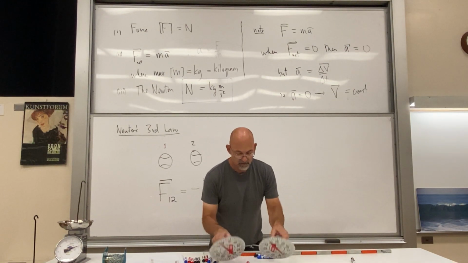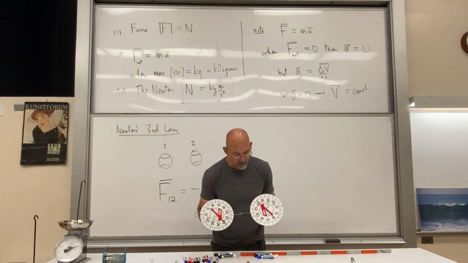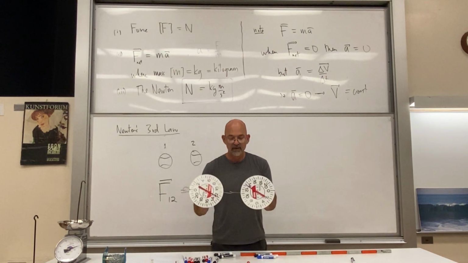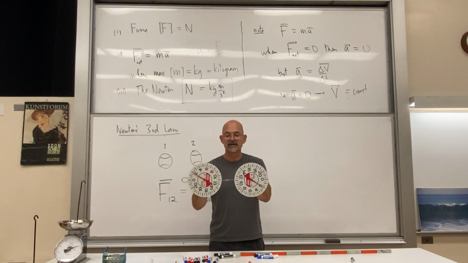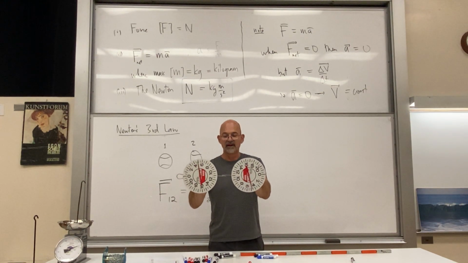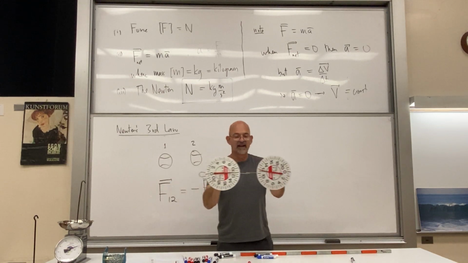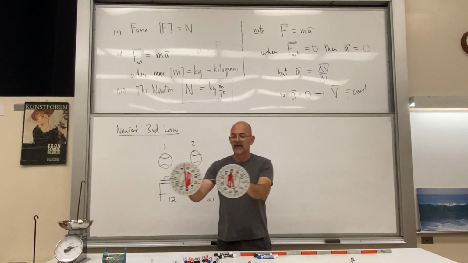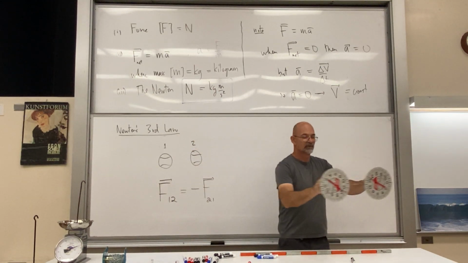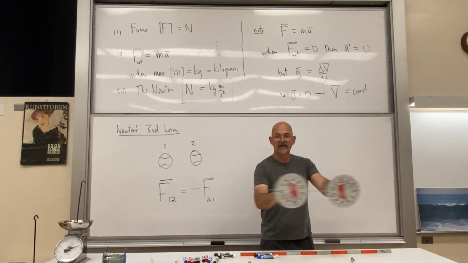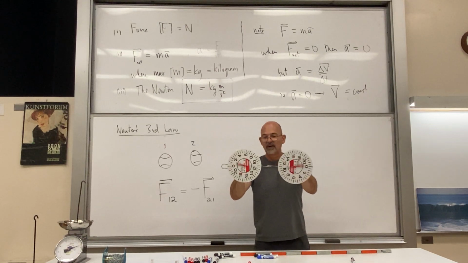Okay, see, one scale pulls on the other with the same force. So these are in contact and they're exerting equal and opposite force. And it doesn't matter if they're moving or not. If they're moving, they still have the equal and opposite force. If they're accelerating, doesn't matter. Equal and opposite force doesn't change.